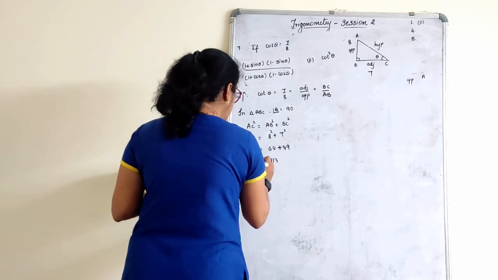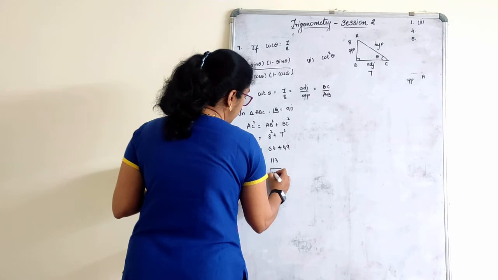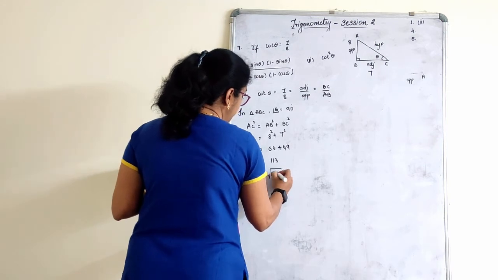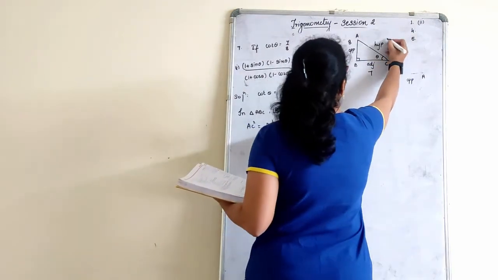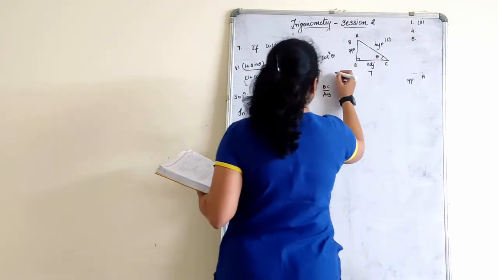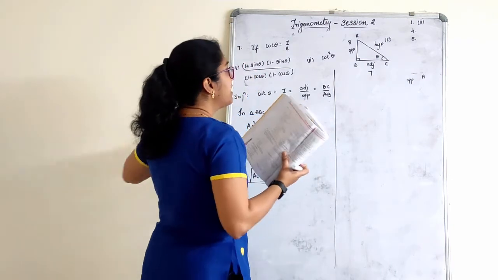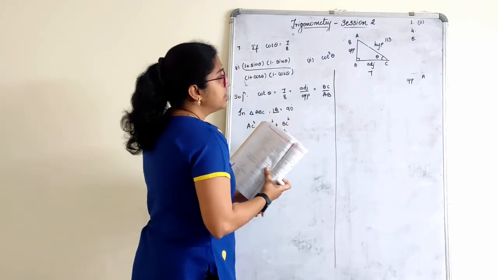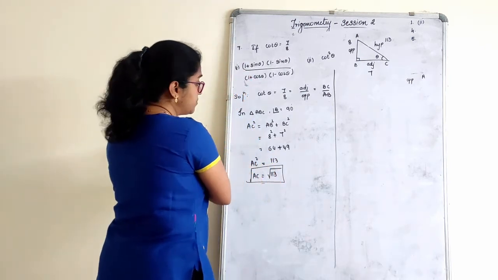We need not always get a perfect square. We can also get values like this. AC is root 113. Hypotenuse is root 113. In case you have taken this as a ratio, children, it would be 8K, 7K and root 113 K as the values.